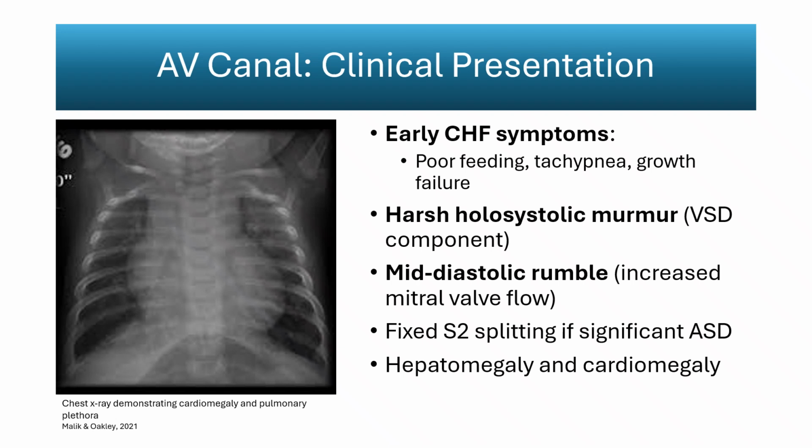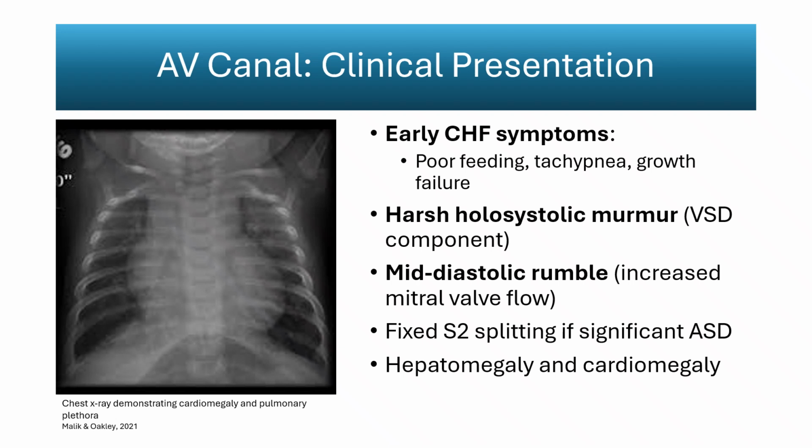Feeding difficulties, tachypnea, and poor growth reflect the combined burden of large left-to-right shunts and atrioventricular valve regurgitation. On auscultation, two characteristic murmurs are often appreciated. A harsh, hollow systolic murmur corresponds to flow across the ventricular septal defect component, while a mid-diastolic rumble at the apex reflects increased flow across the mitral portion of the common valve.